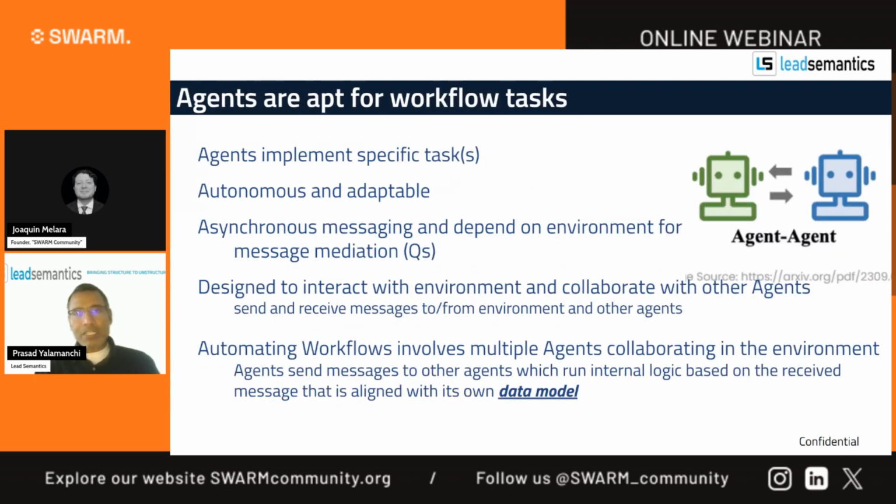Given that that is what a task is, agents are an apt artifact for accomplishing these tasks within a workflow. And we'll get to what agents are as we discuss here. So agents implement specific tasks. And the critical thing about a software agent is that they are autonomous. So you don't need continuous interaction with it for it to do what it is supposed to do.